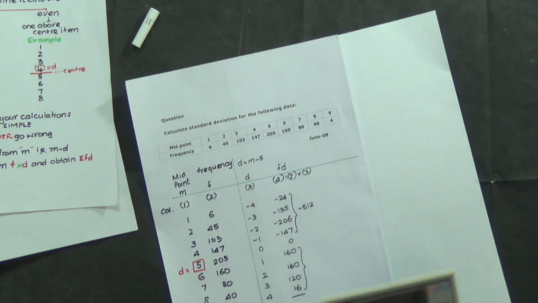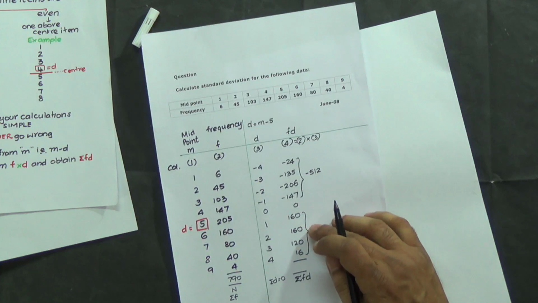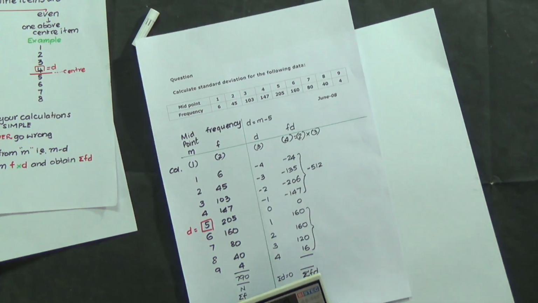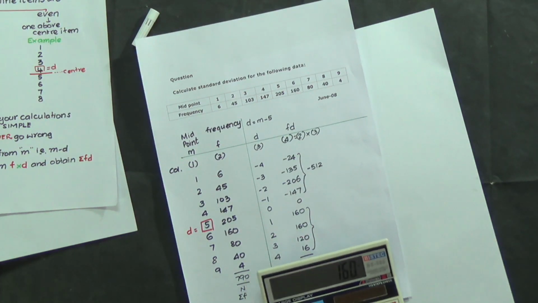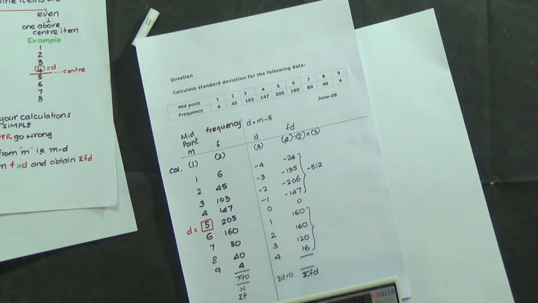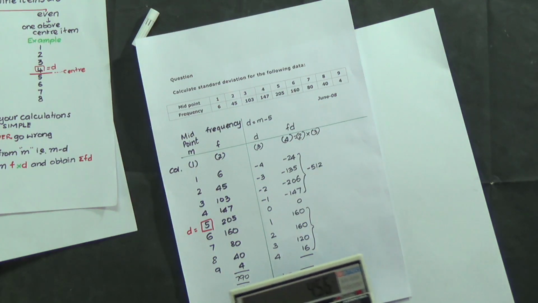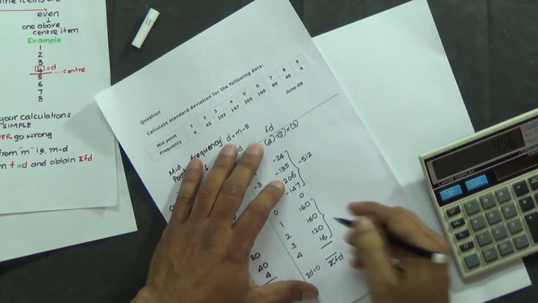And this side it is 160 plus 160, 320, 320 plus 120, I'll do this for you, plus 16 is 456 positive.